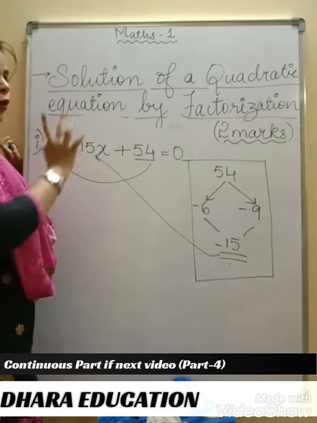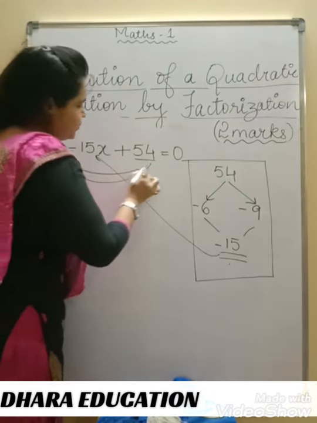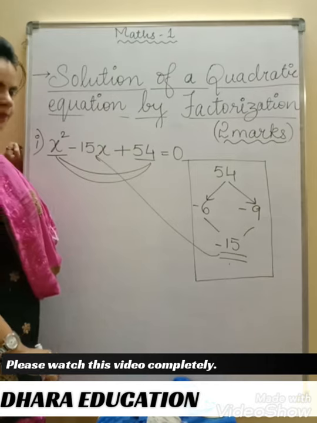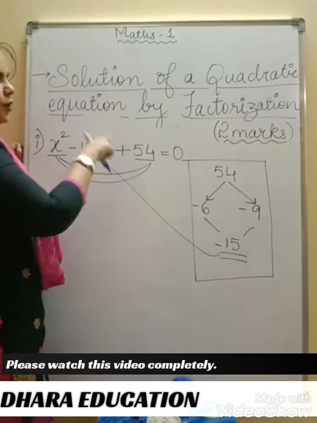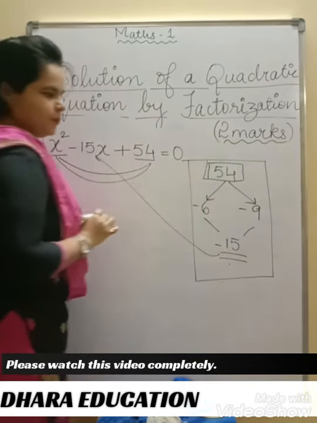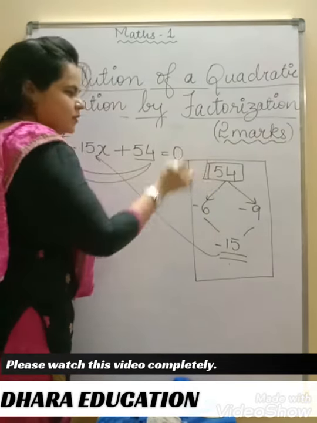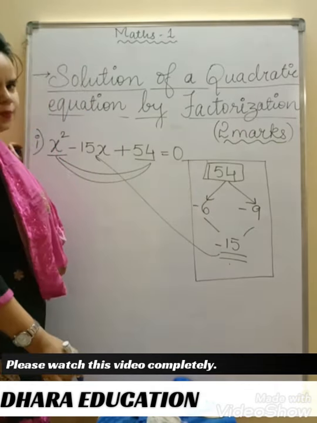Now I am going to repeat once again that the first term will be multiplied with the third term. The answer will be again 54, because 1 multiplied by 54 gives you 54. Once we get 54, the factors are 6 and 9. 6 times 9 is 54.